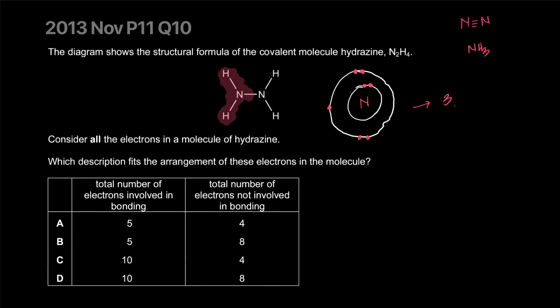Okay. So I'm gonna draw the dot and cross for hydrazine, but I think showing the inner electrons will get very difficult, so I'll just show the outer electrons. So that's 1 shared, 2 shared, 3 shared, and let's get hydrogen out. Hydrogen will be white.